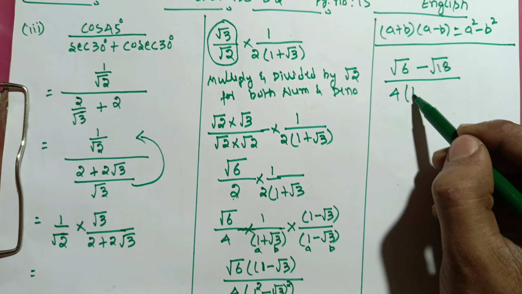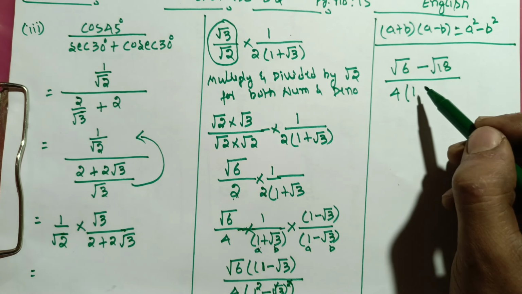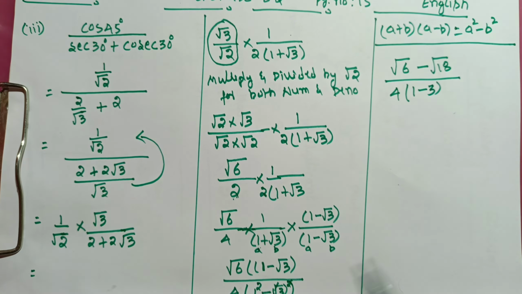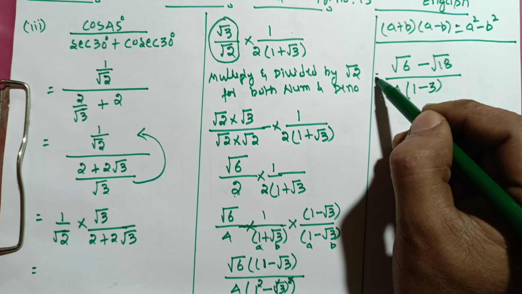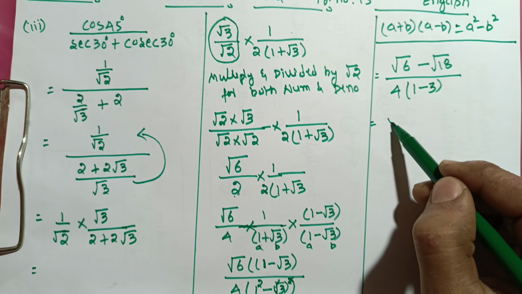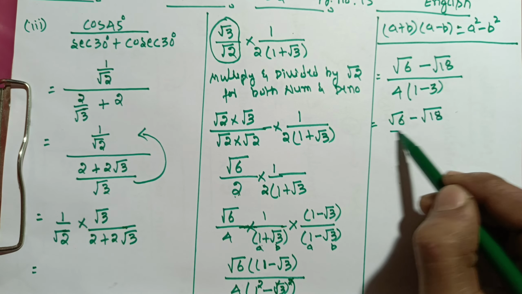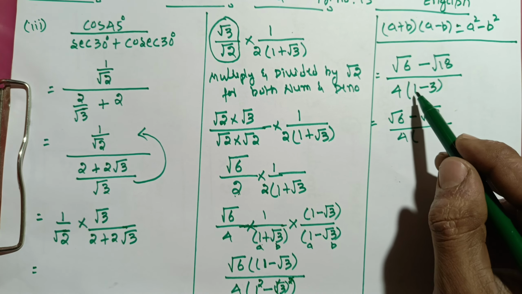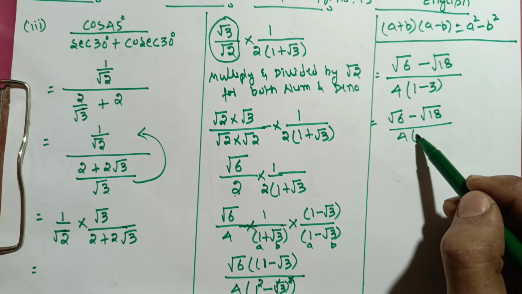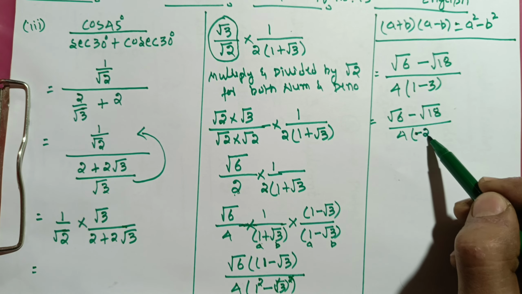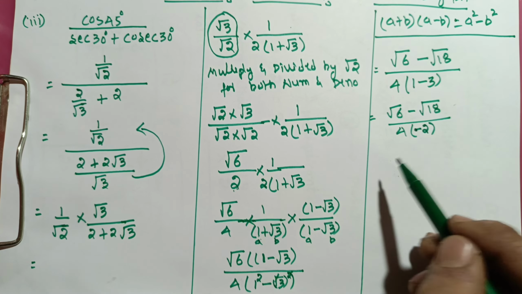So 1 square is 1, square and square root get cancelled, 1 minus 3. So now in the next step, root 6 minus root 18 divided by 4 into 1 minus 3 is minus 2. Here we will be getting minus.